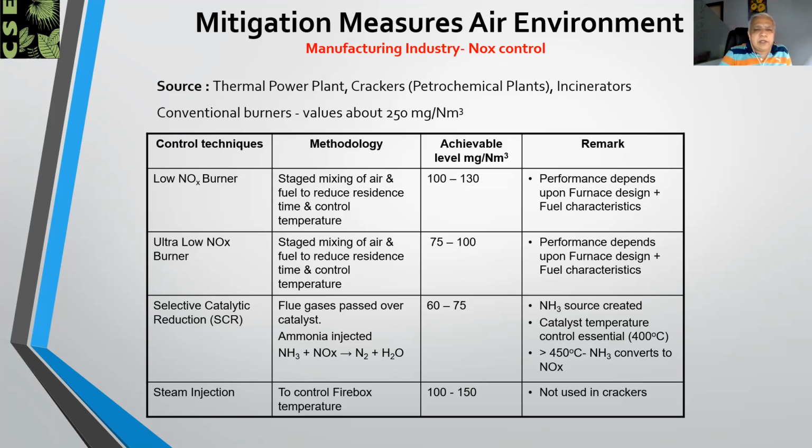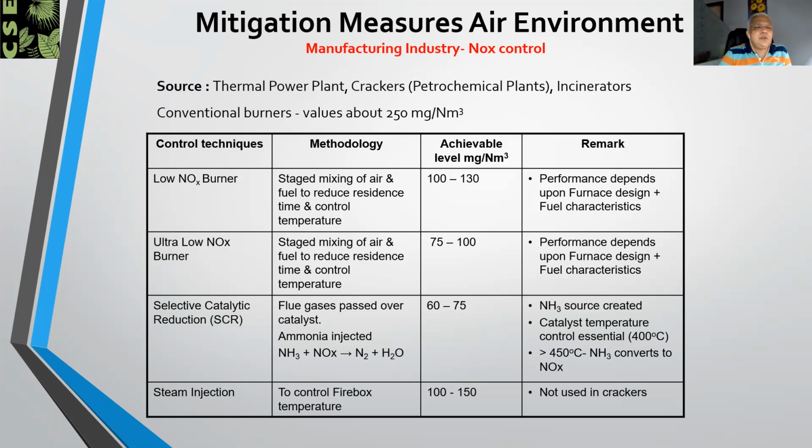And another technology which is incorporated is selective catalytic reduction, where ammonia is injected into the combustion chamber, and it reacts with the nitrogen oxide. Again, it reduces the nitrogen oxide level further to about 60 to 75 milligram per meter cube.